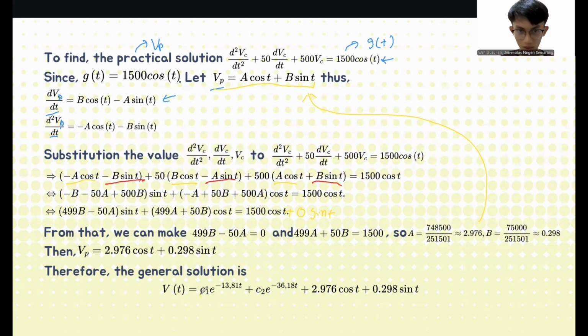Therefore, the general solution is the combination of Vp and Vh. The homogeneous part is Vh, and the particular solution is Vp.